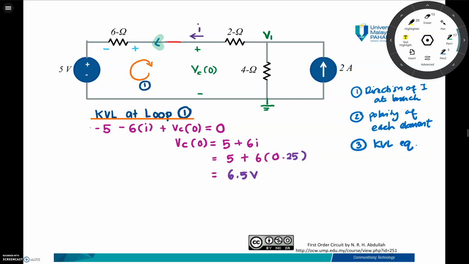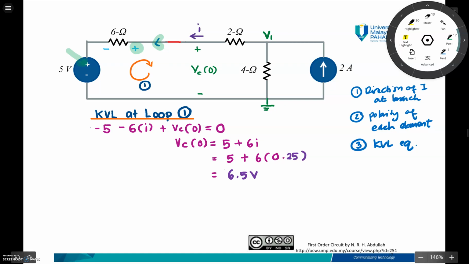It is very important to know the polarities of each element in order to do the KVL equation. So this is plus, and for the dependent voltage source, it is already stated here, this one will be positive.